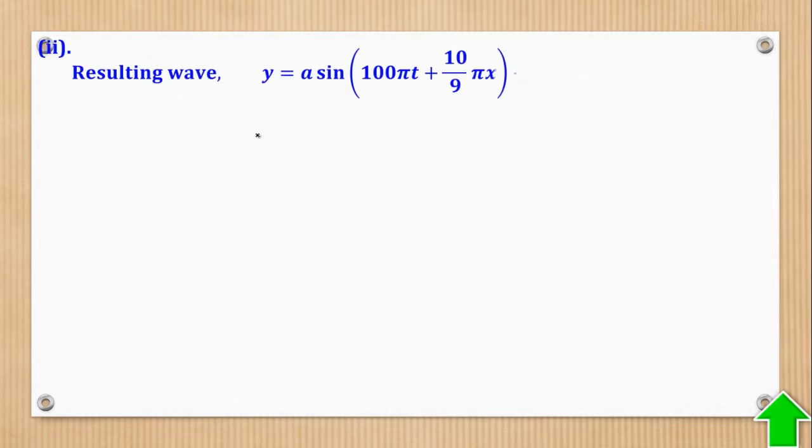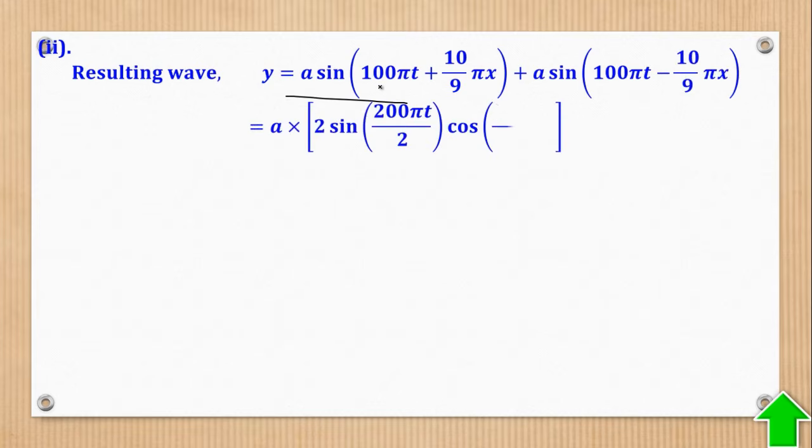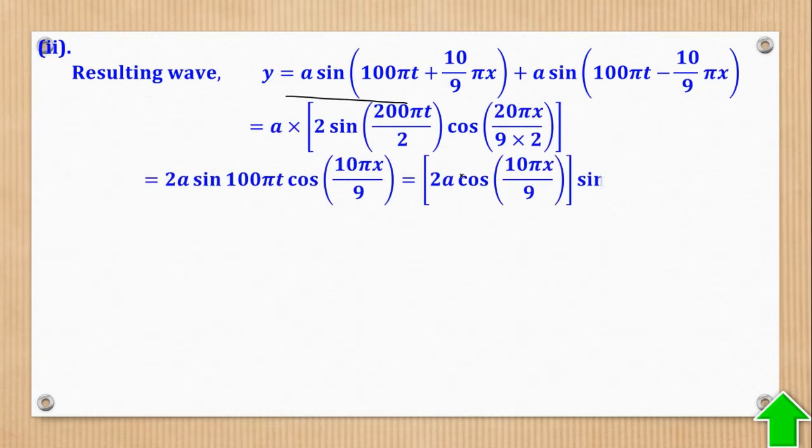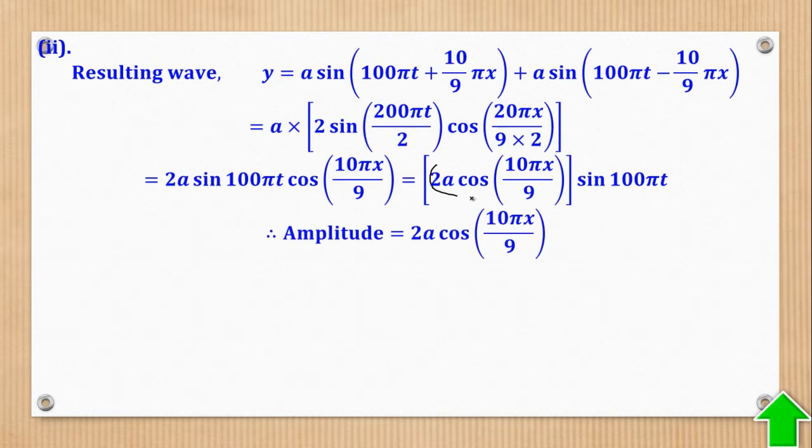So you come and say that the resulting wave is got by adding the 2. So by factor formula, we shall come up with that. Then we simplify to get the equation of the stationary wave. But they wanted amplitude, so amplitude will be given by that. So all of this is the amplitude.